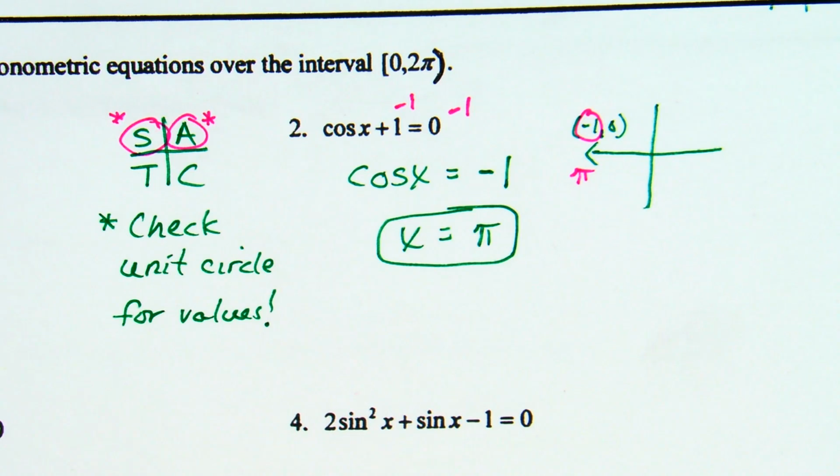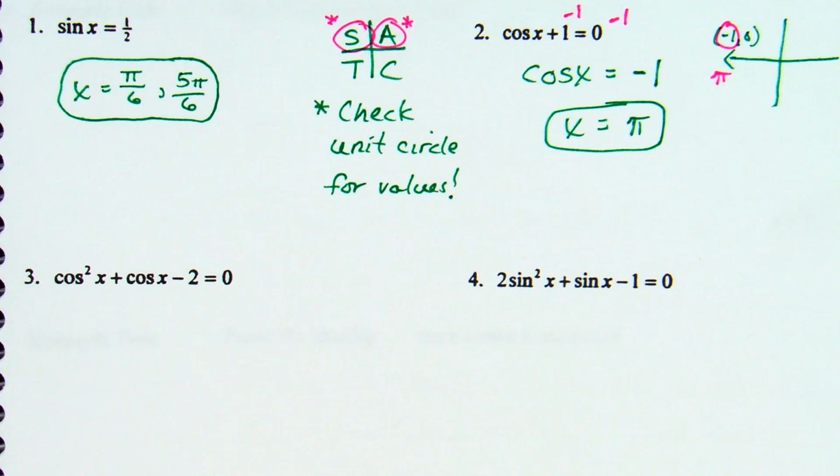If this equation was x squared plus x minus 2 equals 0, what would you do? Just because they're cosines does not change the process. Cosine x is our variable instead of x. So this is what we're thinking. Let's go ahead and factor it in terms of just plain x's so everyone can see that.